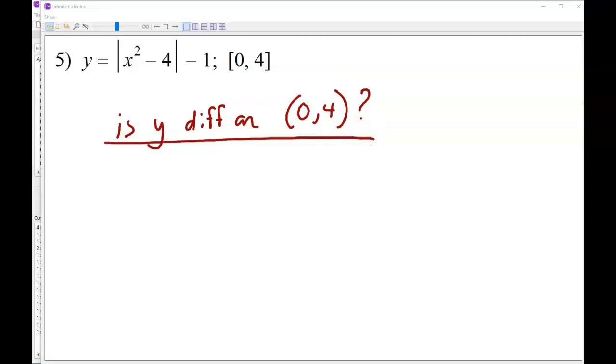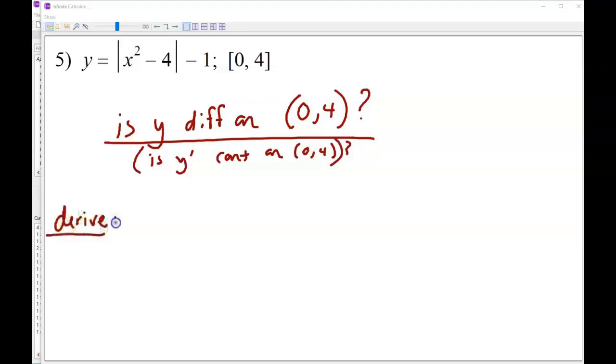Another way you could ask that question is to ask yourself, is y prime continuous on 0, 4? That's the same question, just asked in a different way. Asking is y differentiable on the open interval is the same thing as asking is the derivative continuous on the interval. So step 1, of course, is to find the derivative.